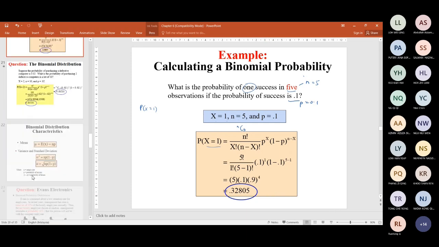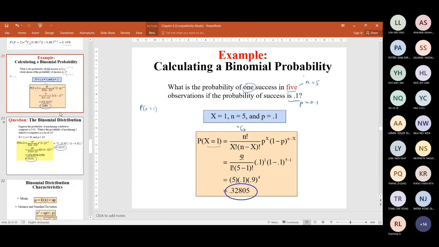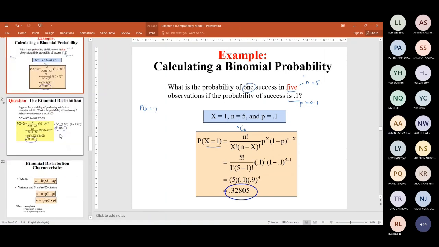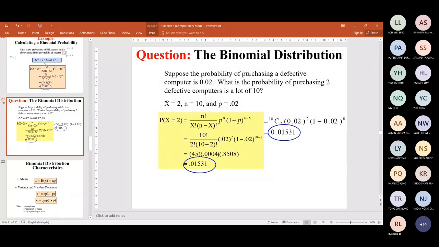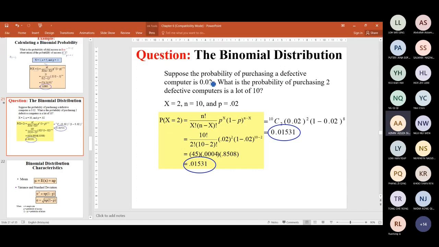Okay, questions. I have another one here. Suppose the probability of purchasing a defective computer is 0.02. Now the probability has changed already. The probability is 0.02, so P is 0.02.